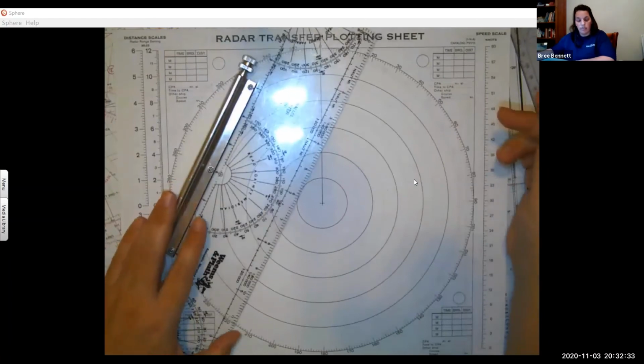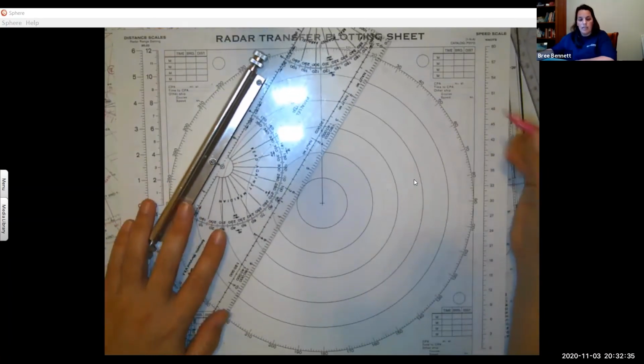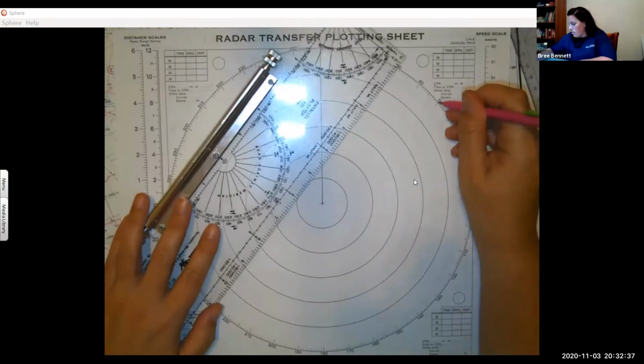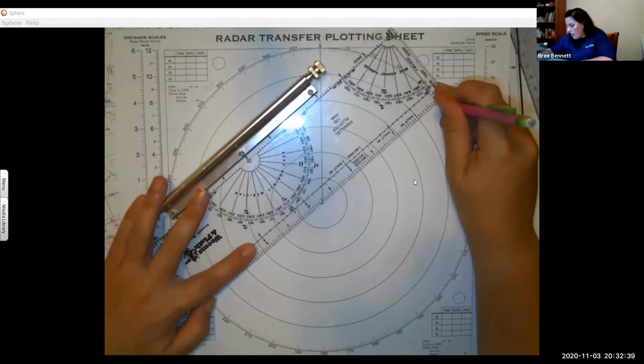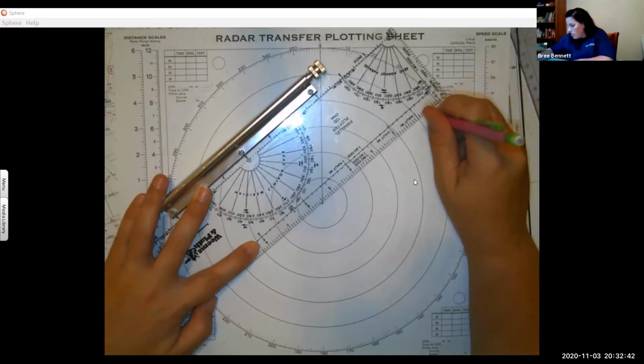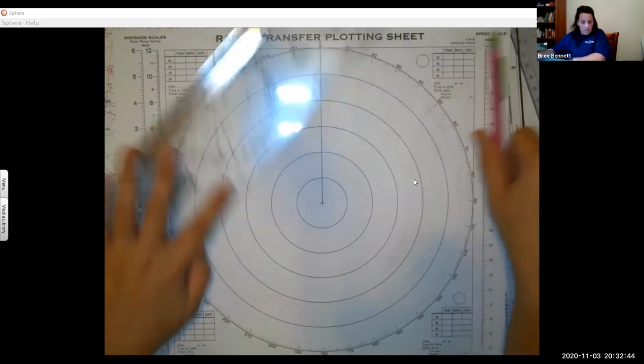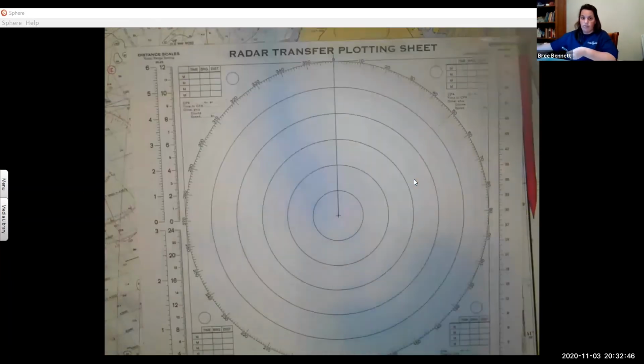So let's plot the first one. We have 050 at 11.5. Let's find 11.5.